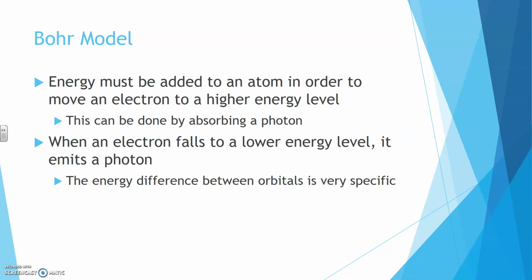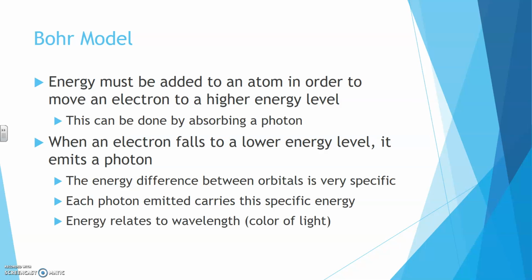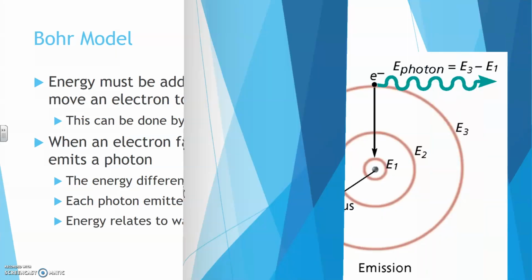They release the energy, they fall back down to a lower energy level, and they release photons with specific energy levels, okay? And that creates the color that you see in fireworks. So each photon that is emitted from these excited atoms carries that very specific quantum of energy, which again relates directly to its wavelength, or the color of the light.